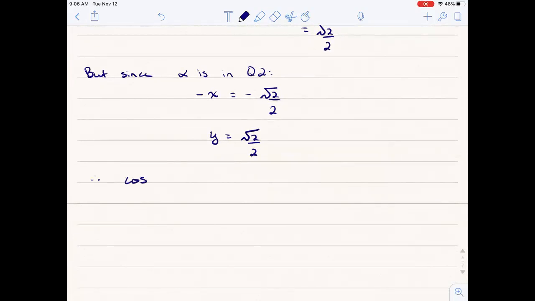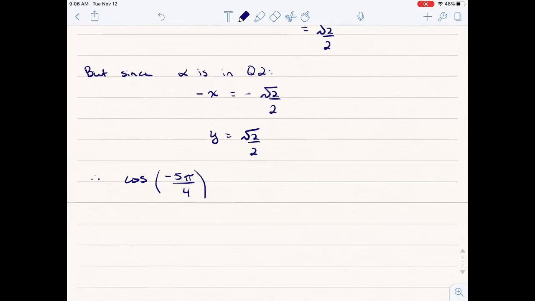Therefore, if we combine this, cos of negative 5 pi over 4, our original angle, is the same as negative cos of pi over 4. Because that's what we just did up above: it's not actually going to be in the first quadrant, it's in the second quadrant, so our cos has to be negative.